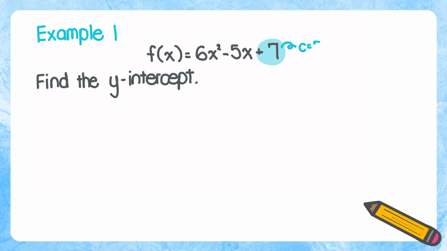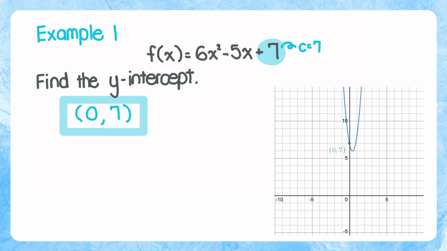Again, c equals 7, so our y-intercept is (0, 7). Again, we can find the y-intercept by focusing on the c value. Notice here that the graph crosses the y-axis at the point (0, 7).